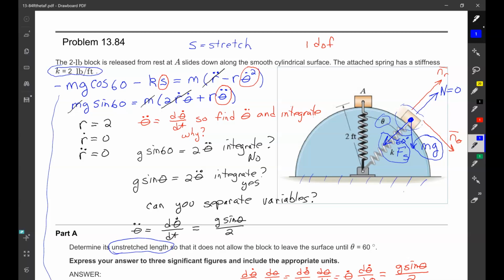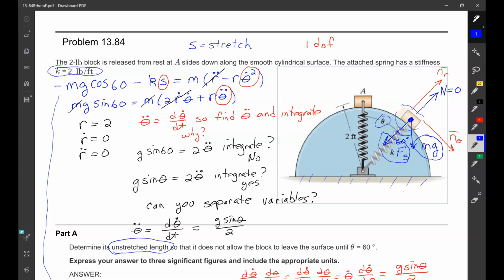So in this case, the blue arrow points along the spring, and because it's holding it onto the surface, I think it's pulling it down. I'm going to calculate that, and I'm going to find out if in fact it does. Okay, so I assume it goes inward. So that's why the direction is there. It always points along the spring.